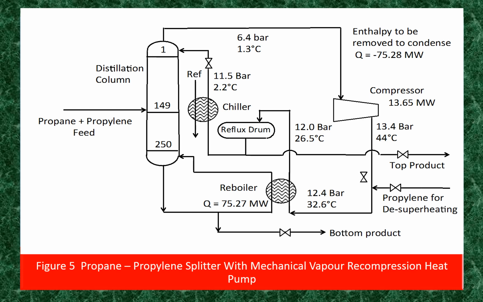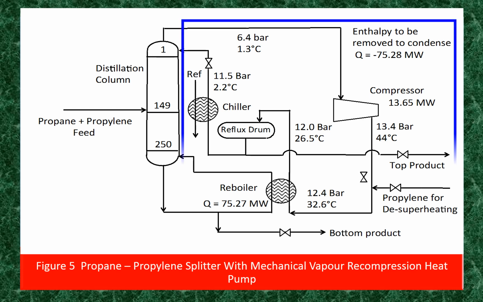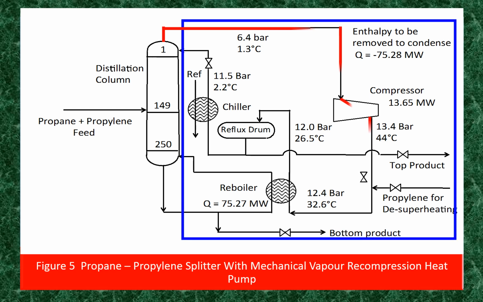This is the MVR HP scheme for the propane-propylene splitter. The vapor from the column top is compressed to 13.4 bar pressure and is condensed in the reboiler at 32.6 degrees centigrade. The condensed subcooled propylene liquid flows to the reflux drum.